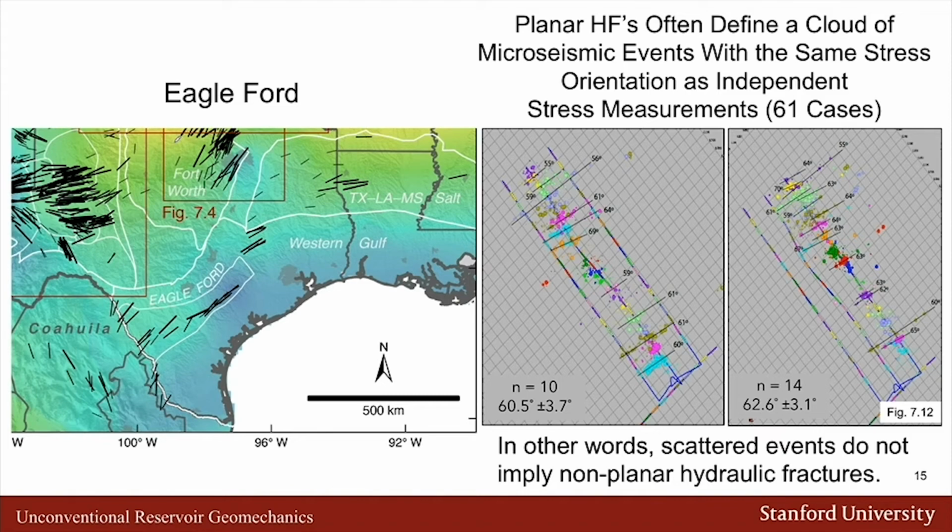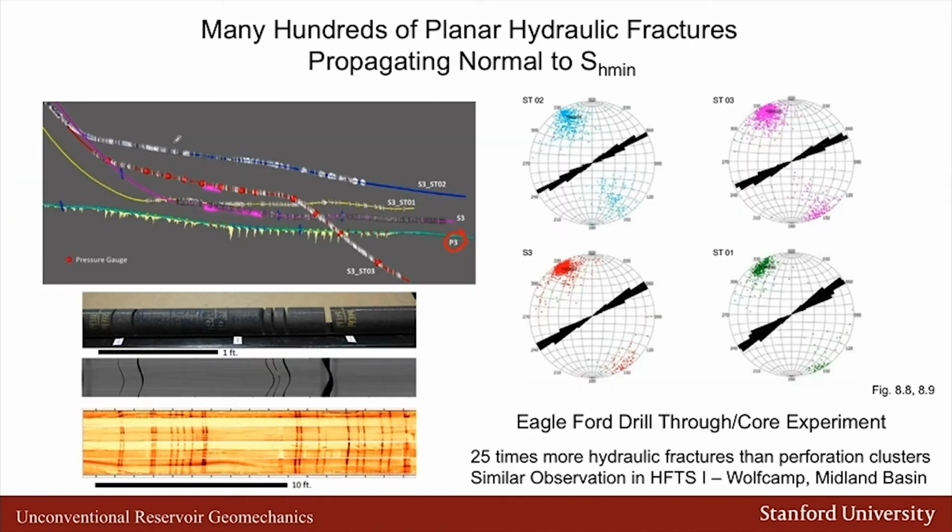So the scatter that we see, this cloud of events, which I argue some of which may be uncertainty in the locations, but in fact, these events are small earthquakes forming as a result of pressure leak-off out of the hydraulic fractures in a cloud around the hydraulic fractures, but the scatter of these events is not implying non-planar hydraulic fractures. This data argues very strongly that the hydraulic fractures are planar.